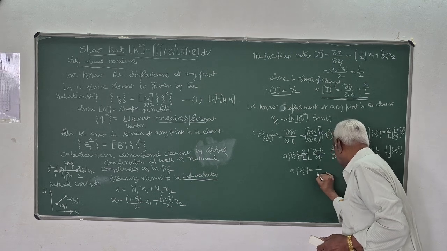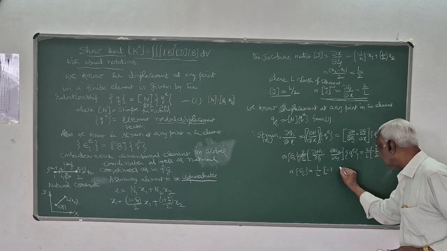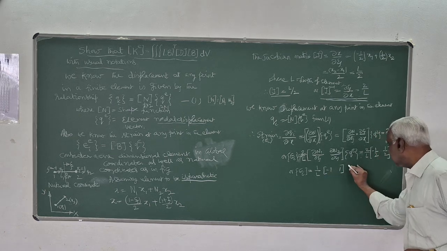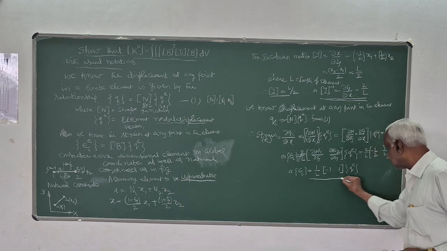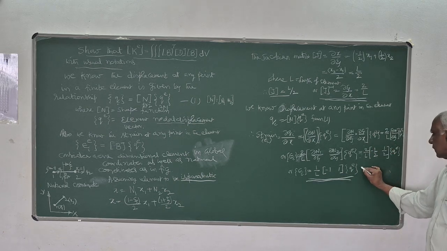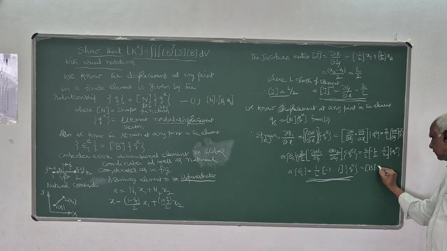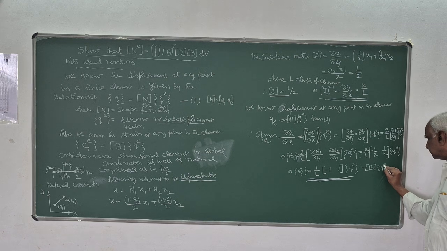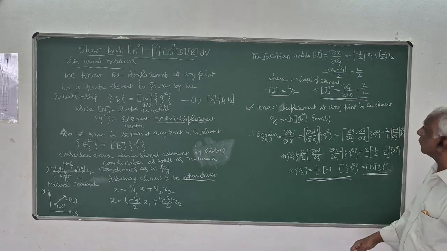These two get cancelled, so you can take epsilon I as nothing but 1 by L into minus 1, 1 into QE. That is what I have told here.